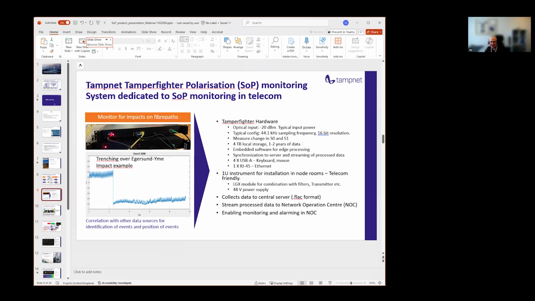Then we have a large local storage, and that enables us to store all the data we record, like 1 to 2 years of data. So we don't have any triggering of events or anything within the box. We rely on storing all the data because it doesn't really consume that much space. And we have some embedded software in this device doing edge processing, and that is for the streaming.